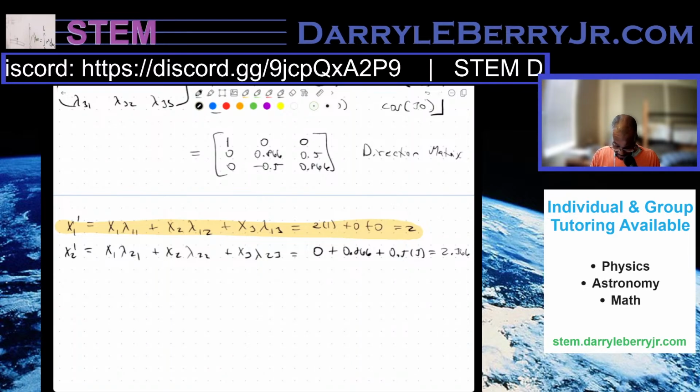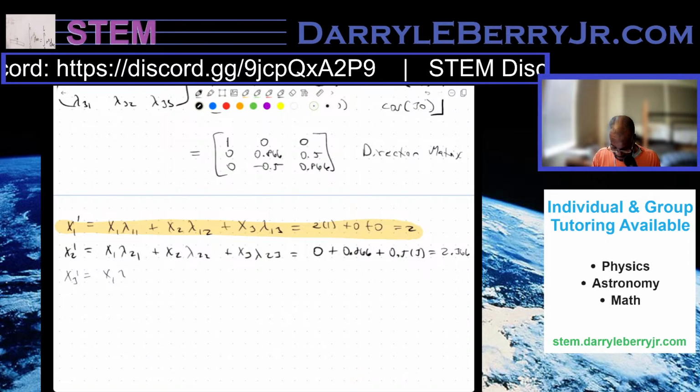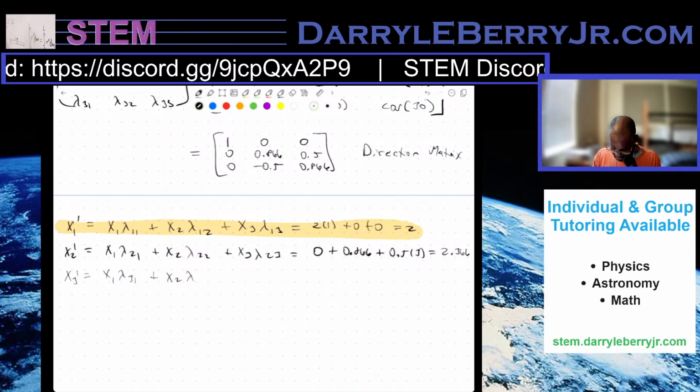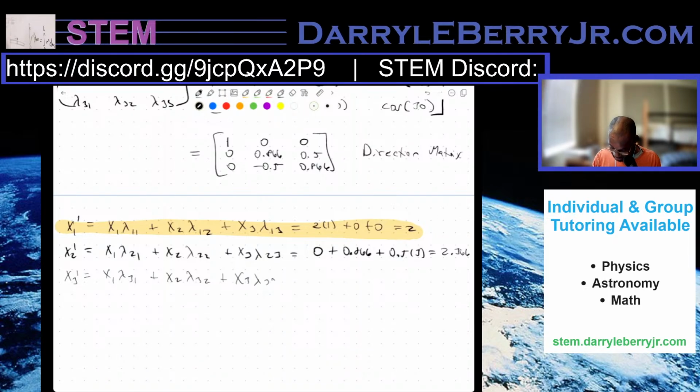right? And x3 prime equals x1 lambda 3 1 plus x2 lambda 3 2 plus x3 lambda 3 3.